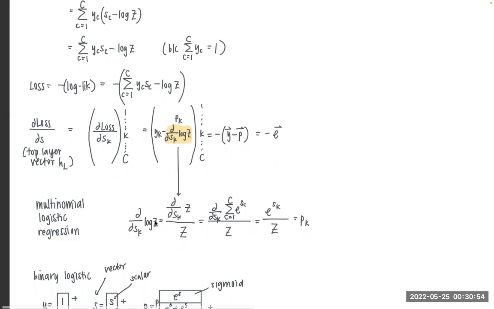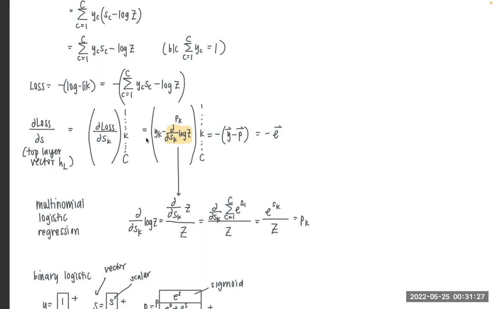The derivative of log z will be 1 over z, and then the derivative of z with respect to s_k. Because z is the summation of e to the s_c, you take the derivative only for the k-th element, and you get e to the power s_k. So this is exactly p_k, that is the softmax probability.